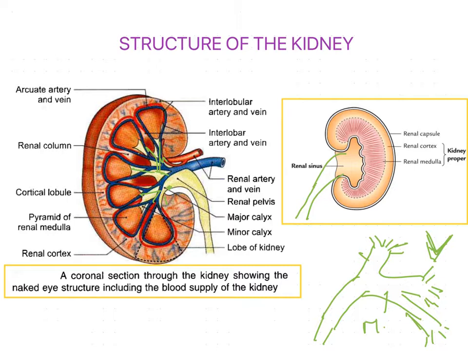In the minor calyx, the renal papillae are inserted. So this is about the renal sinus. The renal sinus contains branches of the renal artery and the tributaries of the renal vein, and the renal pelvis divided into major and minor calyces. These are the structures we can see in the renal sinus.